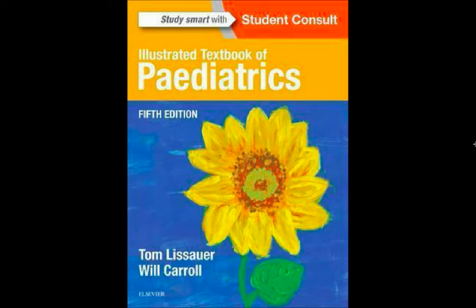Hypernatremic dehydration. The management of hypernatremic dehydration can be particularly difficult. Oral rehydration solution should be used to rehydrate hypernatremic children with clinical dehydration. If intravenous fluids are required, a rapid reduction in plasma sodium concentration and osmolality will lead to a shift of water into cerebral cells and may result in seizures and cerebral edema.